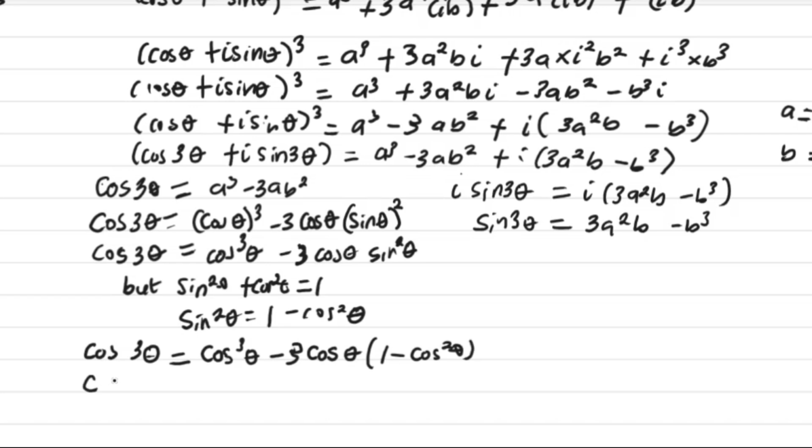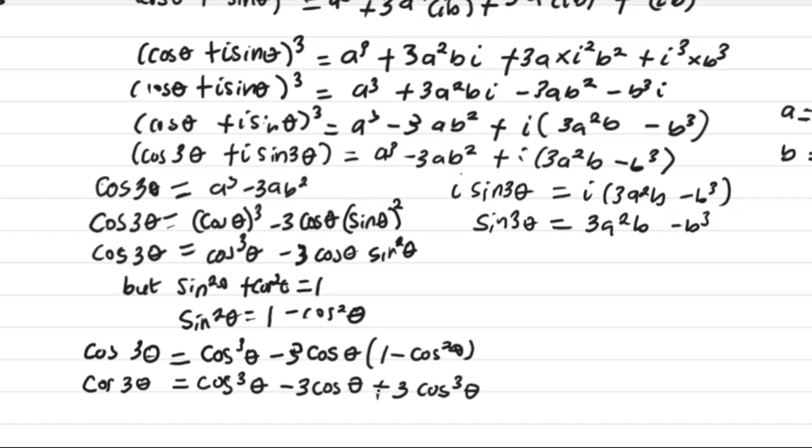So cos 3 theta is going to give us cos cube theta minus 3 cos theta plus 3 cos cube theta.